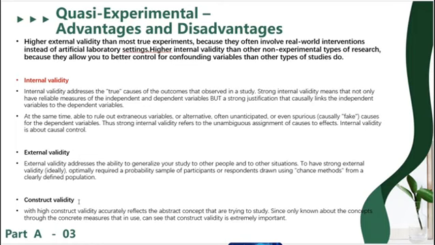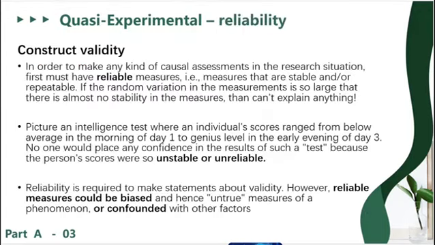Among them, the internal validity of CRISI experiments is higher than that of other non-experimental studies. Statements about validity need to be supported by reliability. We need to implement reliability measures through stable or repetitive measurement data.